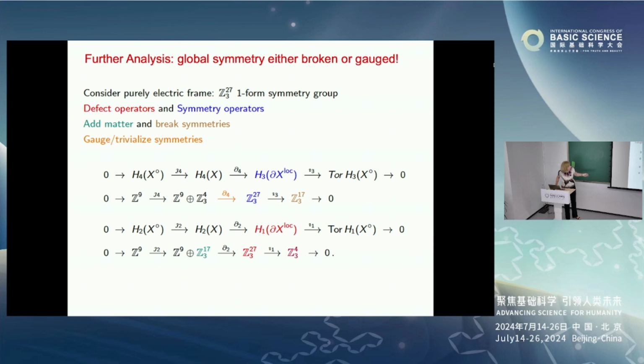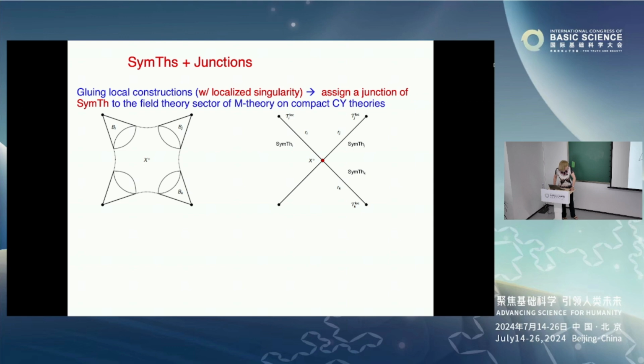And also, in compact spaces, we add matter when we gauge symmetry. So we can trace in this sequence concretely how the symmetries are being either gauged or broken, both for the defect operators, but then we have these analogous symmetry operator sequences as well. And as a byproduct, of course, we get the whole concrete global gauge group structure.